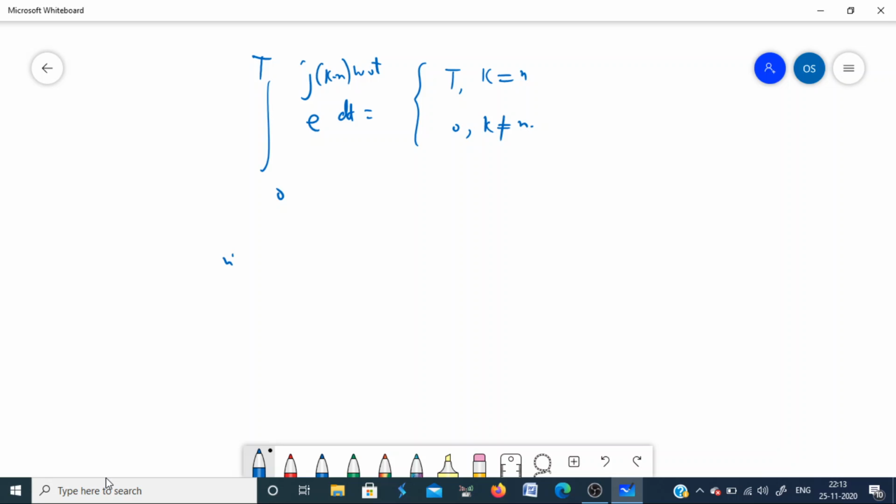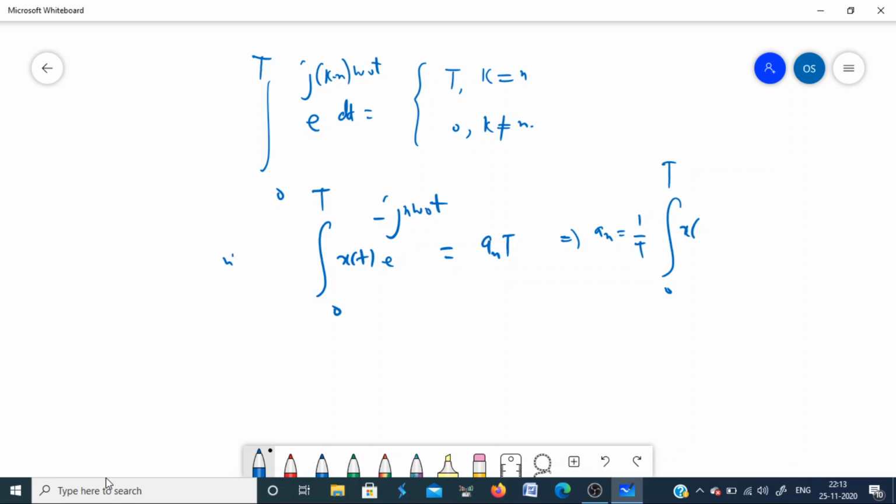Okay, so in the previous case, what we have done: from 0 to T, x(t) multiplied with e raised to power minus j n omega naught t will become an times T. So from this equation you can calculate an, which is 1 by T integration from 0 to T of x(t) e raised to power minus j omega naught n t dt.